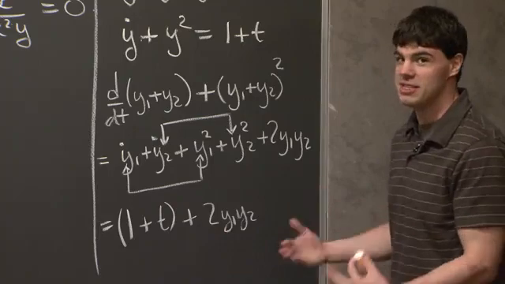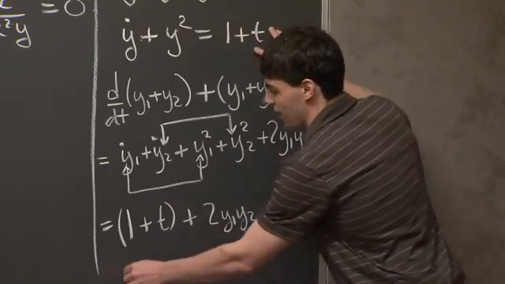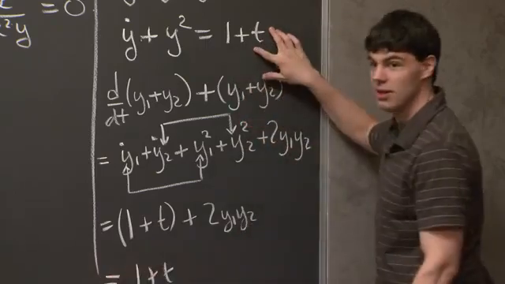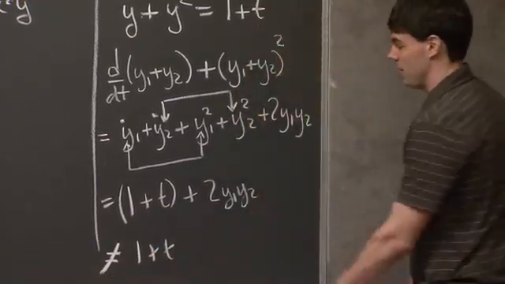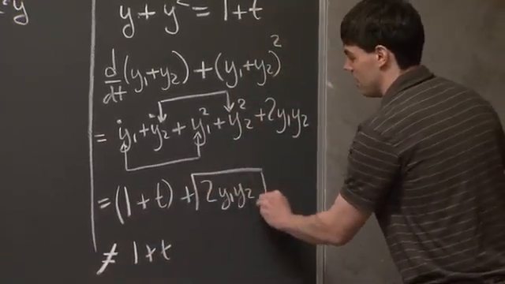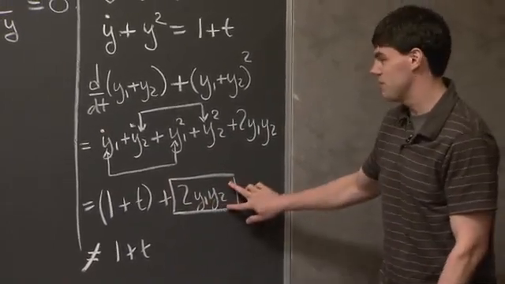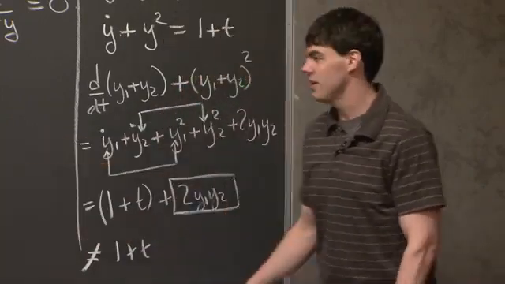And if it did satisfy the principle of superposition, it must equal 1 plus t. So we arrive at a contradiction because it doesn't equal 1 plus t. In fact, it fails to equal 1 plus t by this term 2y1 y2. And this term comes directly from the fact that we had a nonlinearity in the equation.